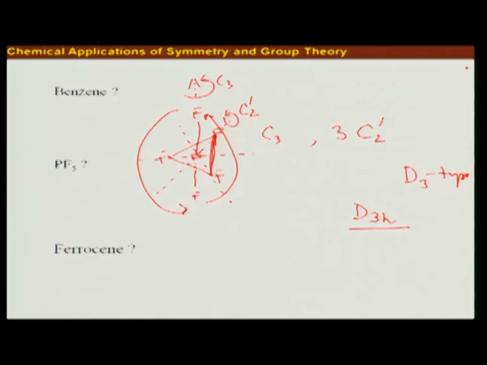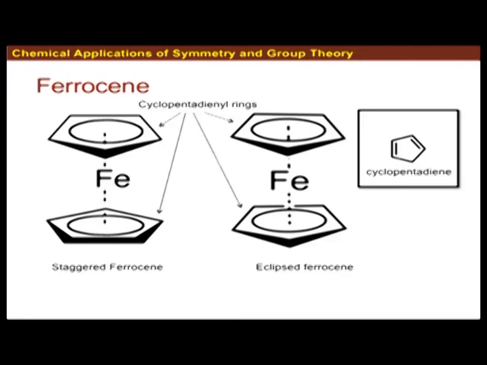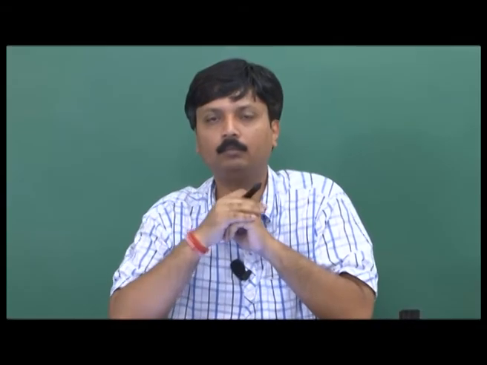Now you will see how important it is to know the structure in this and even in some of the following examples. Okay. So we are going to talk about ferrocene. Ferrocene is, you have an iron and then 2 cyclopentyl groups.